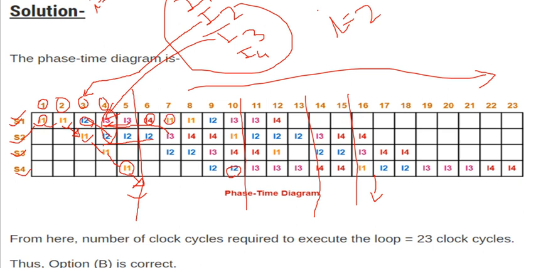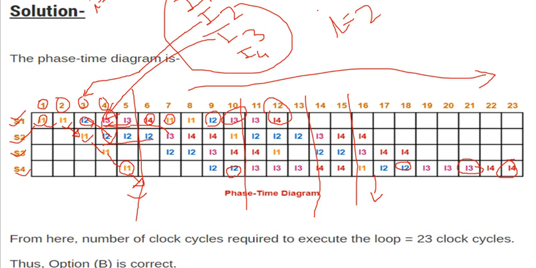The second time, I2 entered the pipeline at the 9th clock and comes out at the 18th clock, and I3 enters the pipeline at the 10th clock and comes out at the 13th clock, and I4 was entered at the 12th clock and comes out of the pipeline at the 23rd clock.